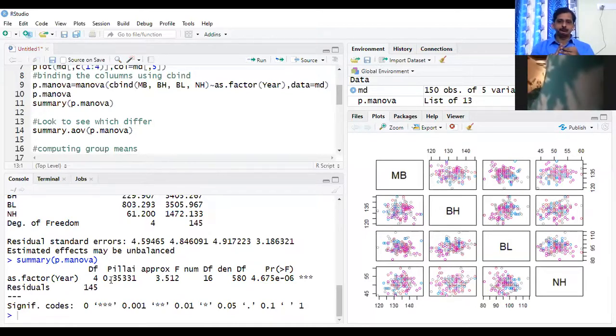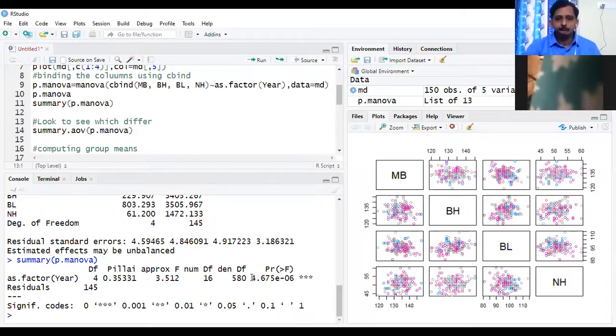In multivariate analysis, when comparing two populations with respect to multivariate vectors, we go with Hotelling's T-square test. Apart from that, we can have Pillai's test also, and Roy's test is also there. So different tests are available to compare the years across the data matrix we have.